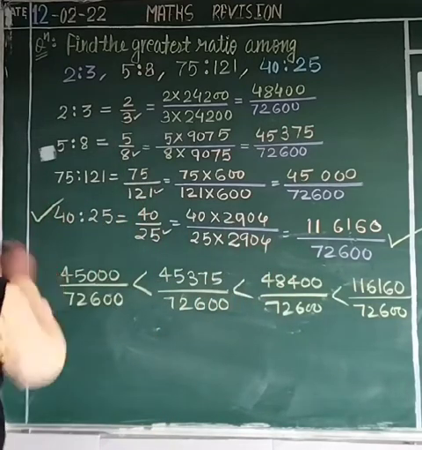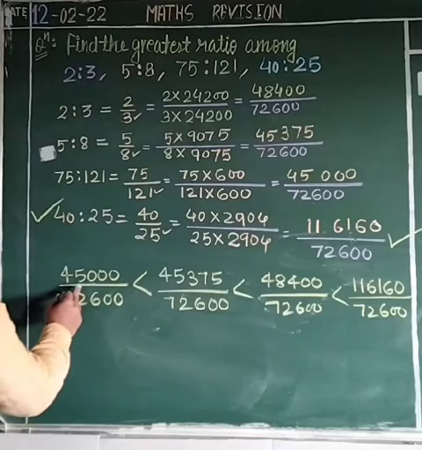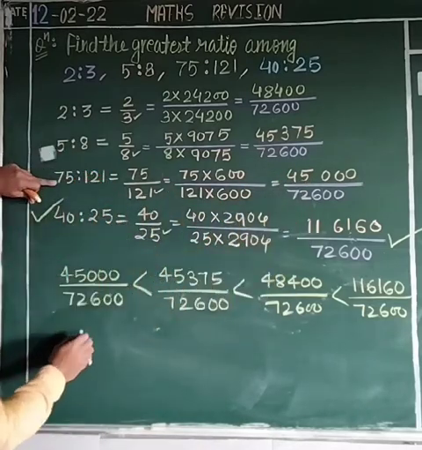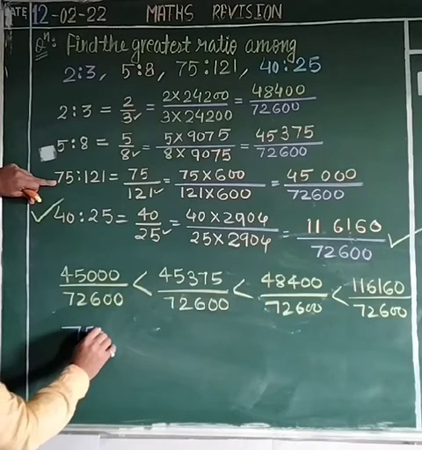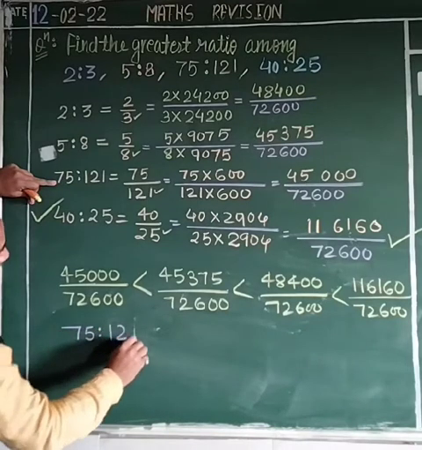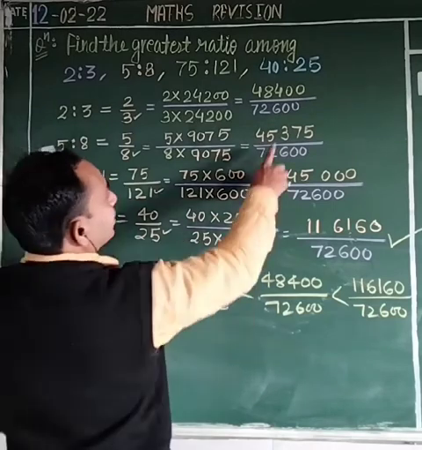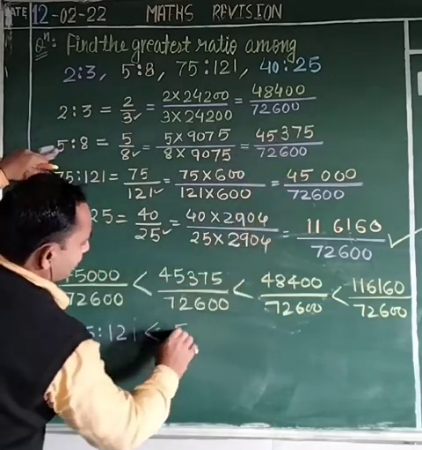Now write the original values of these fractions. So 45,000 upon this means 75 upon 125. Yes, 45,375 means 5:8.